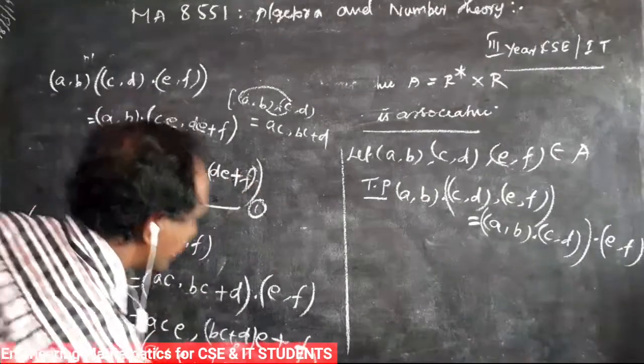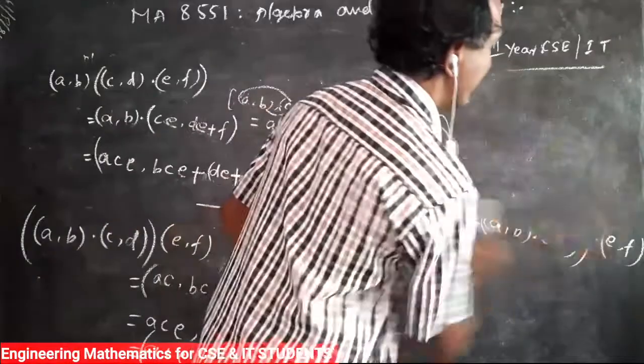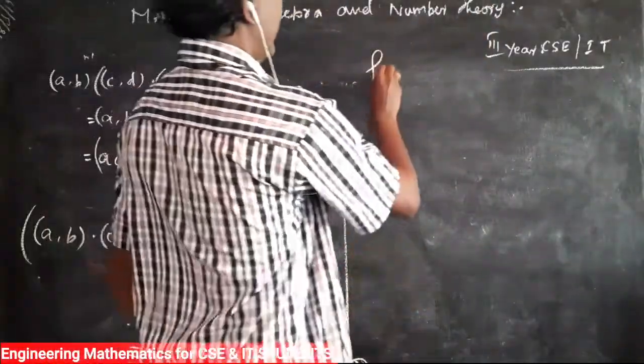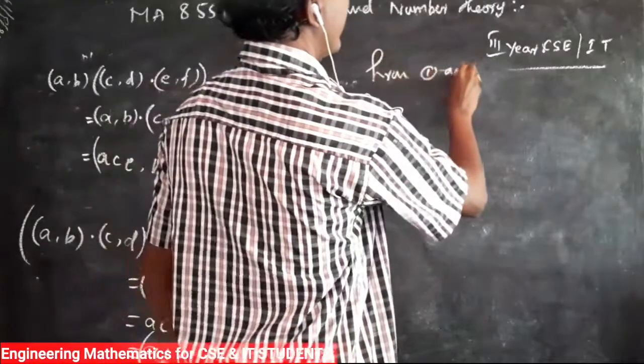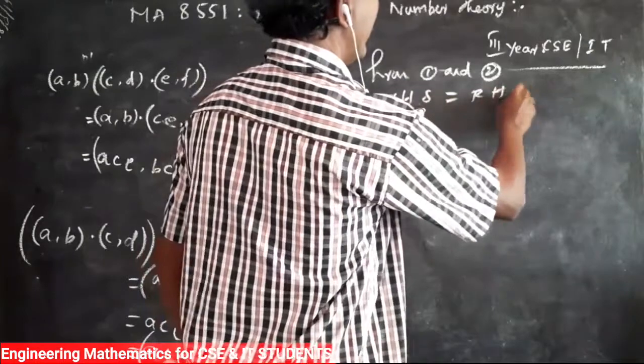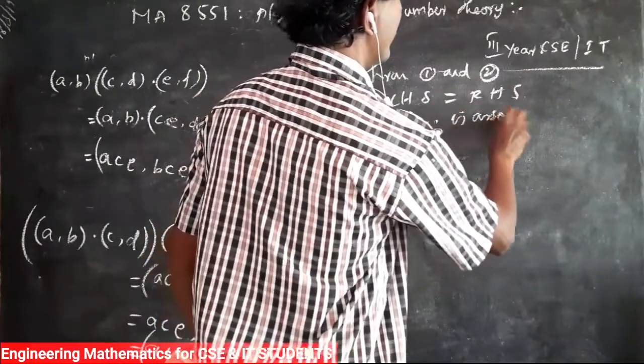So this is called 2. From 1 and 2, LHS equal to RHS. Therefore dot is associative.